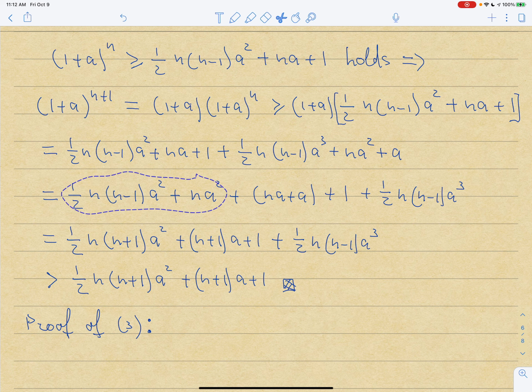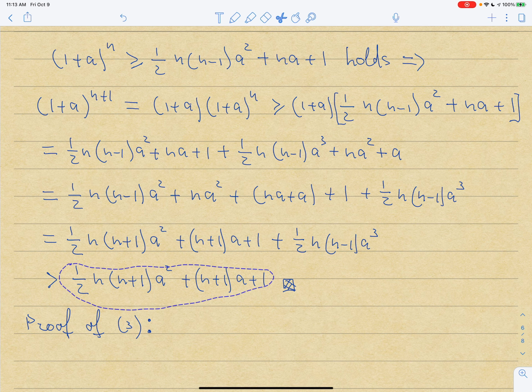So what is left is one half of n minus 1, plus 1, once I factor out n a squared. And you can easily convince yourself that one half times n minus 1, plus 1, is actually one half times n plus 1. So we end up with this, plus the term with a cubed, which is the only term with a cubed. And this term with a cubed is positive because I assume that a is positive. So if I drop it, I have this inequality.